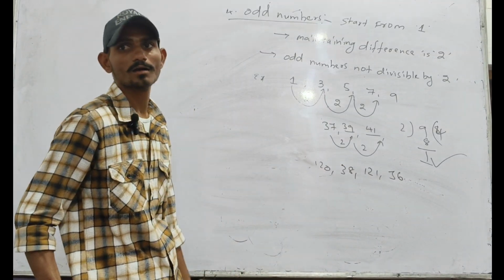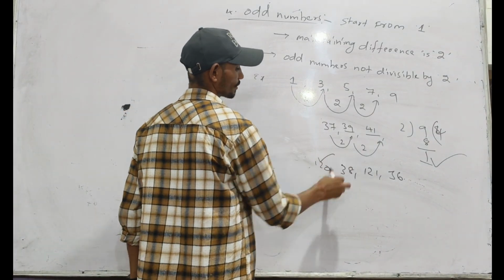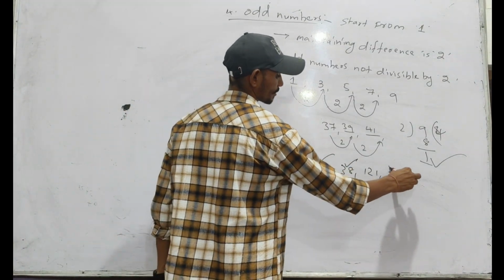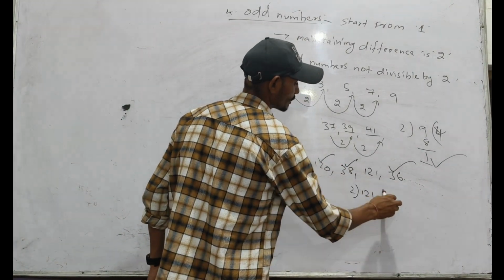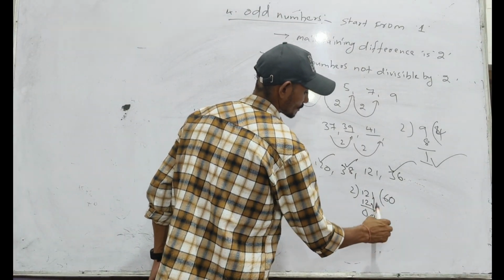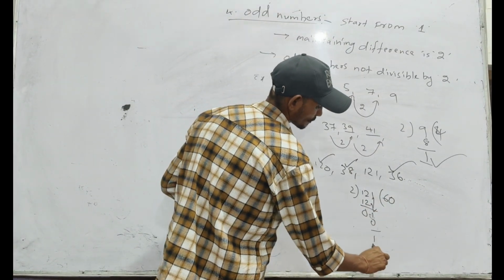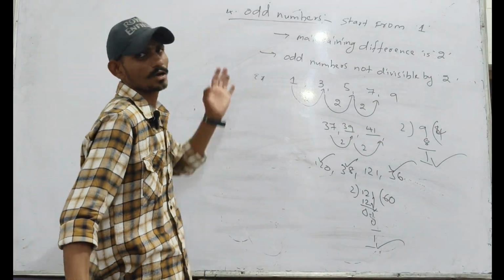Which number gets the remainder 1? Those numbers are called odd numbers. So this number is not an odd number. This is also not an odd number. This is also not. 121 is divided by 2, yes, the remainder is 1. Then you always say this is an odd number.